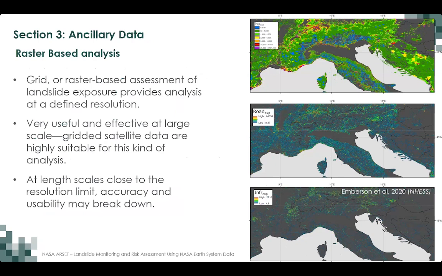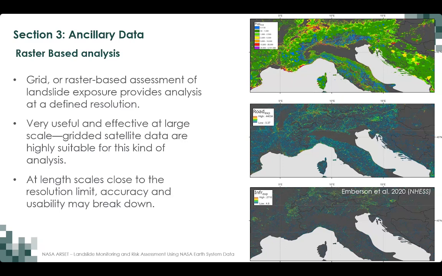Here, for example, I'm showing some images from northern Italy in the Alps. The top estimate is the pixelated, raster-based estimate of population exposure, with redder colors showing higher exposure to landslides. The middle image is showing the road exposure, and this is again a raster-based assessment with a rasterized road network. And then finally, we're looking at the bottom at infrastructure exposure to landslides.